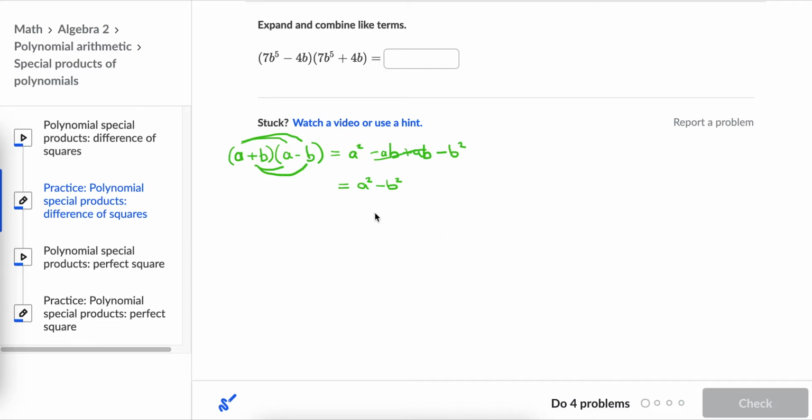The idea here is that we're applying this same idea to a difference of squares when we're dealing with polynomials. Essentially what we've got here is an a plus b, a minus b. It's in the opposite order, but it doesn't really matter. Here, 7b to the fifth is your a, and 4b is your b.